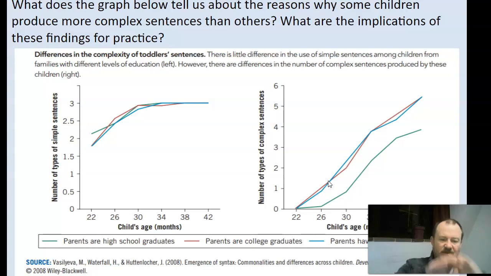Okay, so just to summarize before moving on, parents who have more academic background tend to have children that can produce a wider range of vocabulary and a more complex range of sentences than children who are not from academic backgrounds or from more impoverished backgrounds, if you will.